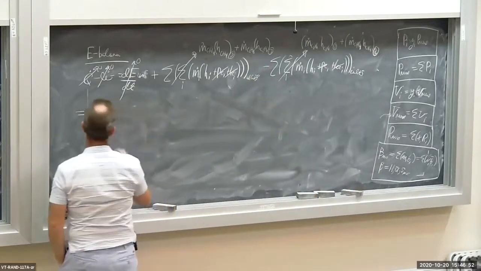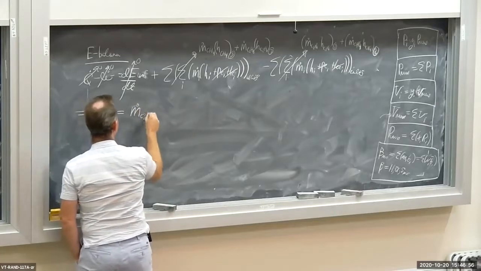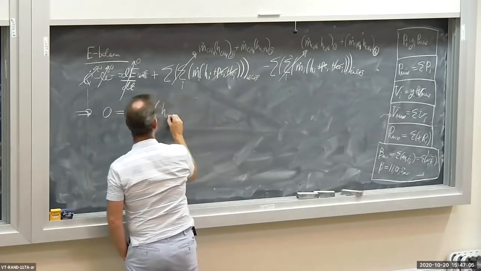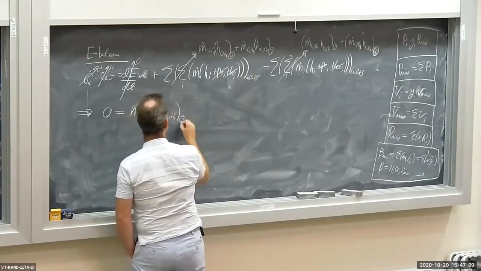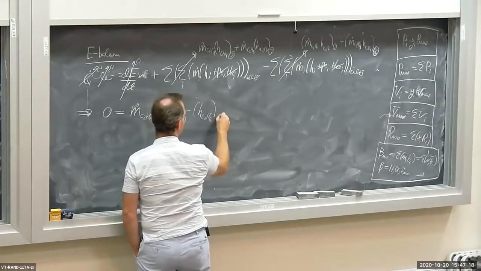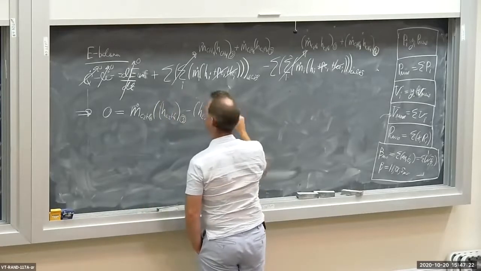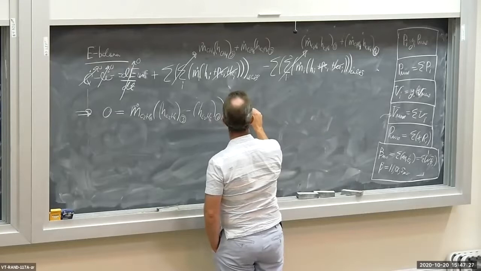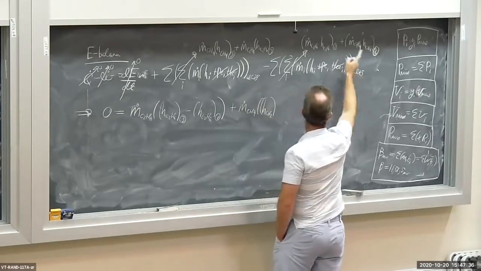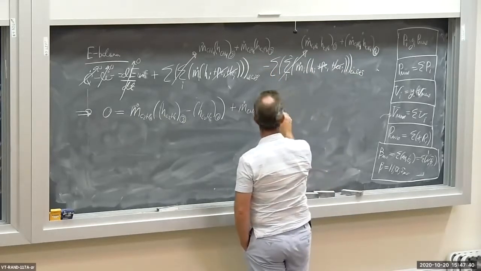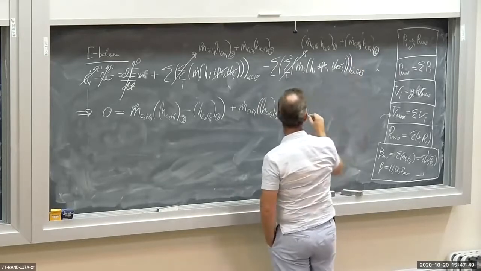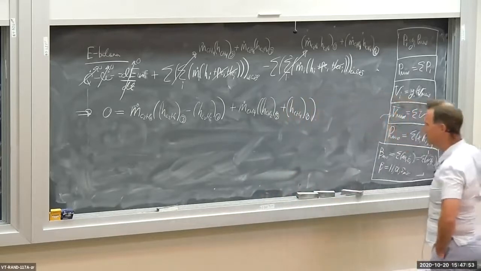So I'm going to group together terms. 0 equals m dot C2H6 times H C2H6 evaluated at the outlet, location 3, minus H C2H6 evaluated at the inlet port, location 1, plus m dot CH4 times H of CH4 evaluated at the outlet, which is port number 3, minus H CH4 evaluated at the inlet, which is port number 2. Okay?